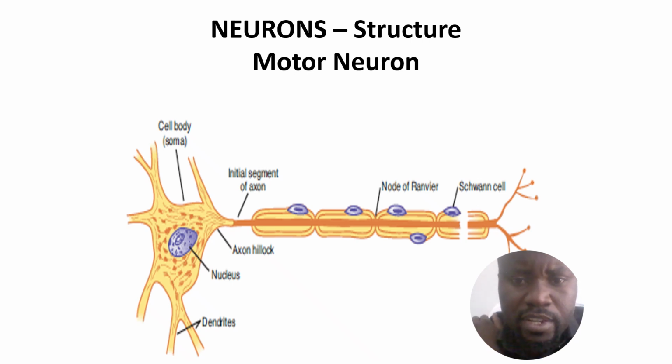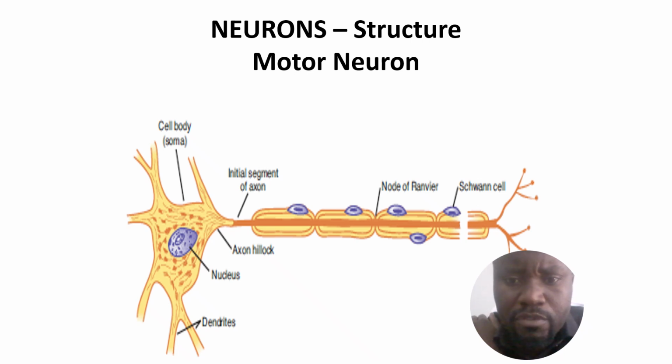The longer one is the axon, and the shorter ones are the dendrites. The dendrites together with the soma provide receptive capacity of the neuron, while the first part of the axon where it connects to the soma is called the initial segment, where we find the axon hillock, the point where we have generation of action potentials or impulses for the neuron.